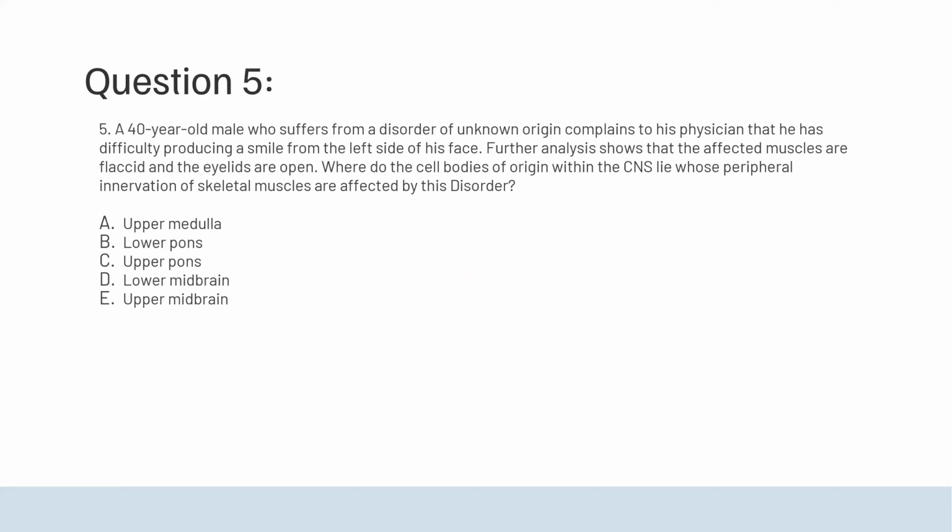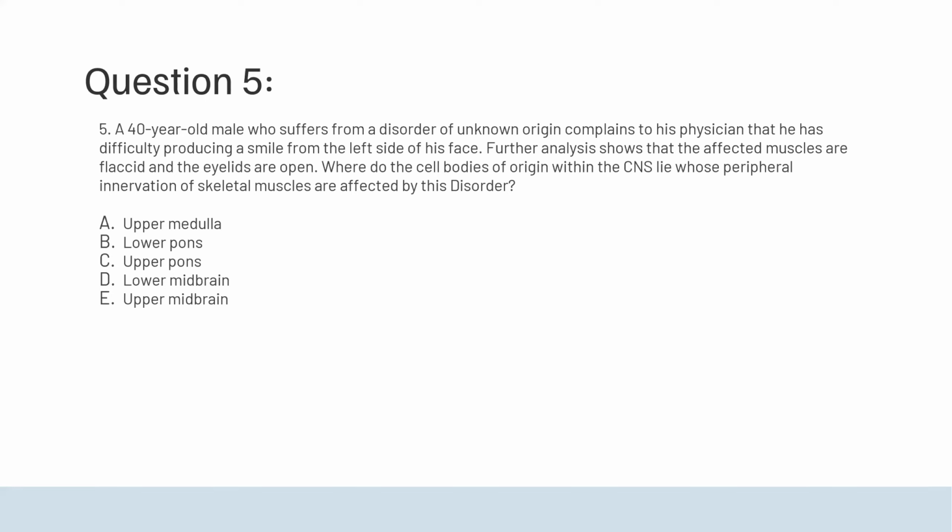Okay, so we got B, B, B. Absolutely, you guys are correct. This is within the lower pons. So what is affected here? We have a flaccid sort of paralysis, right?